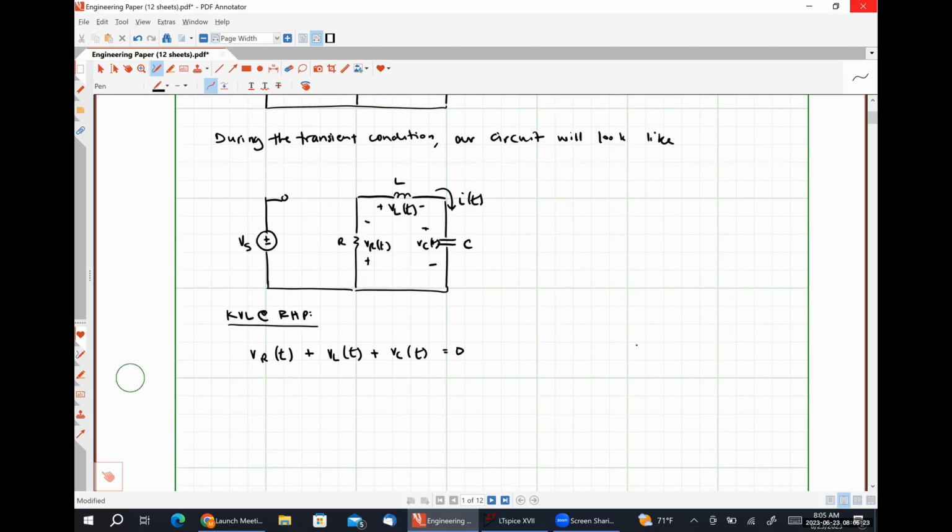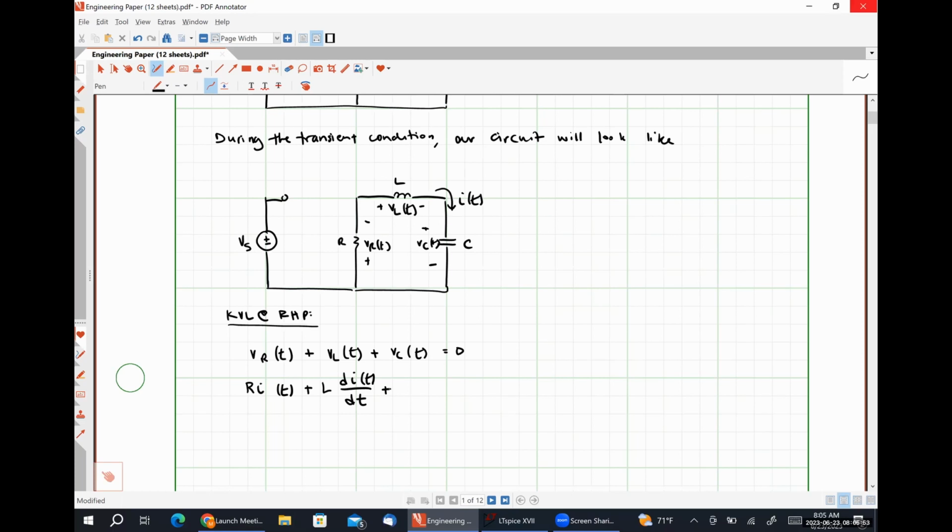I can express all three of these voltage drops in terms of my current I. So using Ohm's law, that's going to look like R times I of t. For our inductor, we are going to have our derivative-based relationship here. So it's going to look like L, sorry, this shouldn't be IR, it should be I, dI by dt.